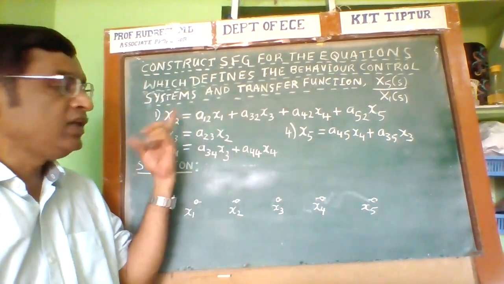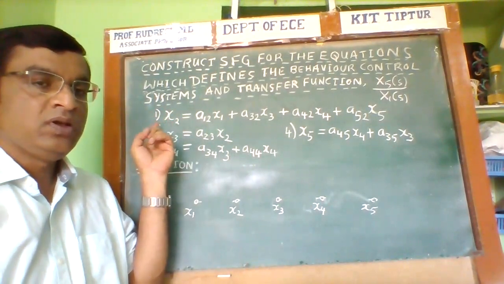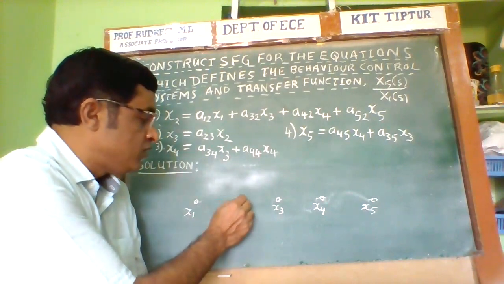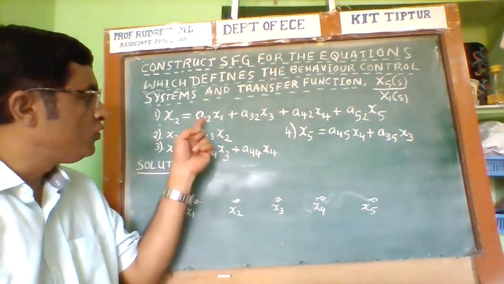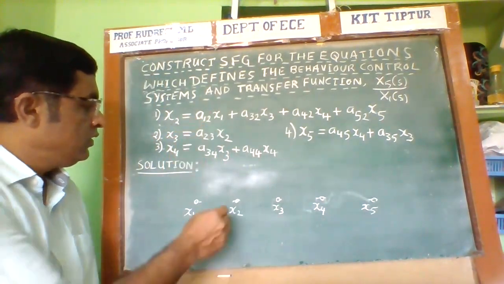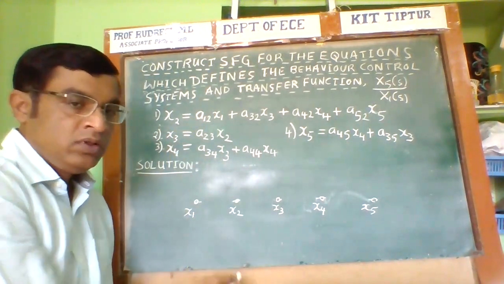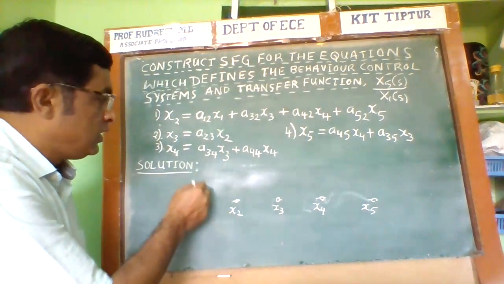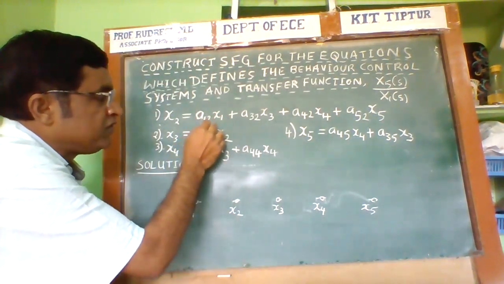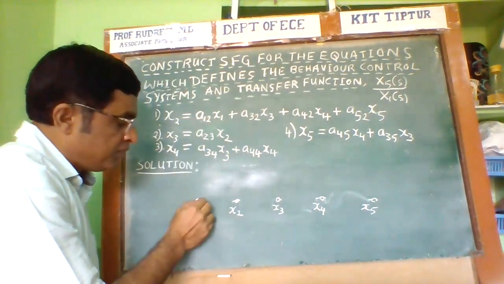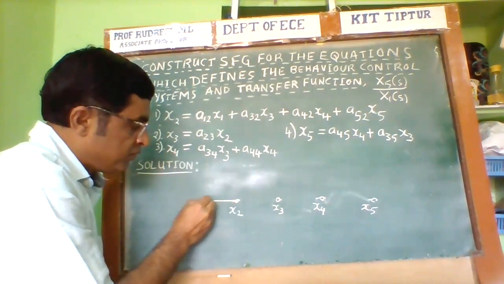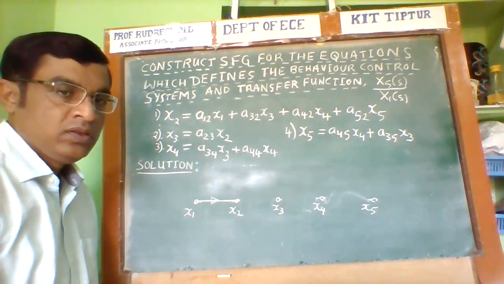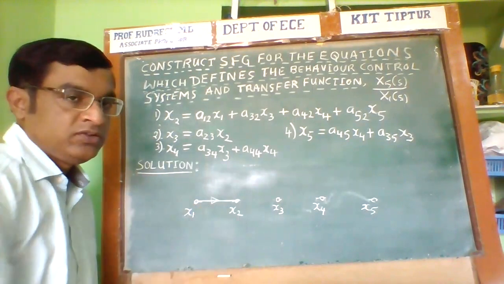Now, consider equation 1. At node X2, what are the inputs? What is the input to this particular node? This is the first input: there is a signal from the node x1.